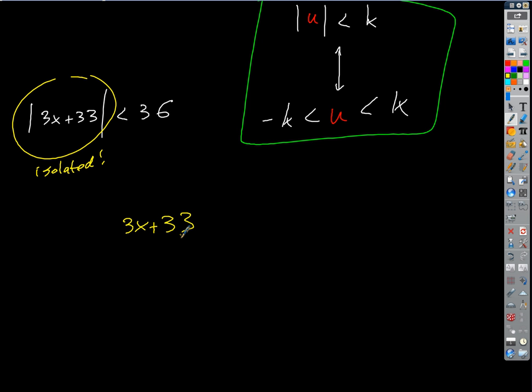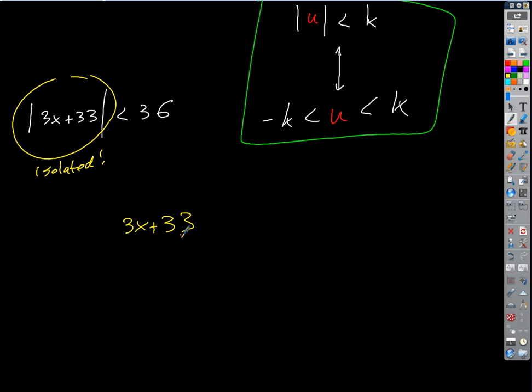Would that work? Is the absolute value of 38 less than 36? No, right? Too big. What about 33? That would work. Or 35? What about negative 35? Sure, because it's an absolute value. What about negative 38? No good, because the absolute value of negative 38 is 38, which is not less than 36.